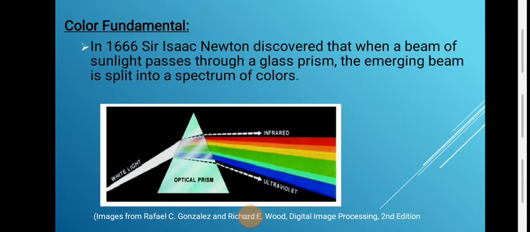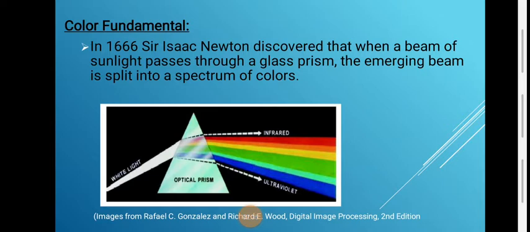So, color fundamentals. Actually, we have gone through this in our lower classes in physics labs. When we pass white light through an optical prism, we get the VIBGYOR colors. In the same way, raindrops act as a prism and produce the rainbow. This is the basic principle behind the rainbow.